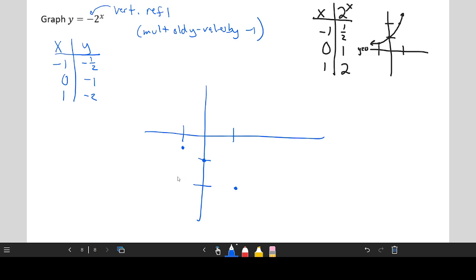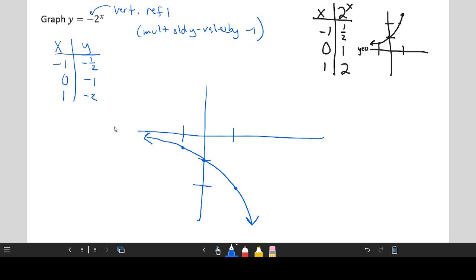And when you go to drawing the shape, it helps to know that this is a reflection. So if you can envision taking this curve and reflecting it down over the x-axis, it's still going to approach the x-axis as you go to the left, and then it's going to decrease really fast to the right. The y values still will never reach 0.